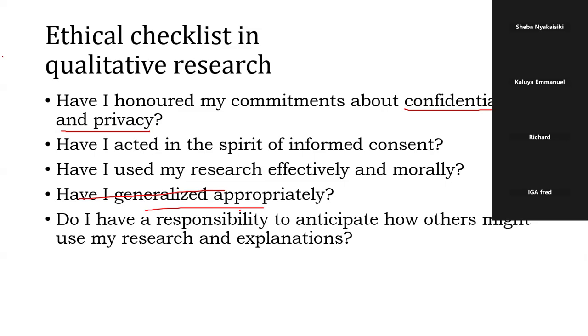So for example, if I'm doing research in a university on e-learning, first I want to be very descriptive to say that this university is representative of any other university, let's say in Uganda, or it is representative of private universities or government or something like that. That is one. But still, even as we generalize, especially in qualitative research, we normally say, probably this means this. We don't make a conclusion, something conclusive. We say, probably this could mean this.